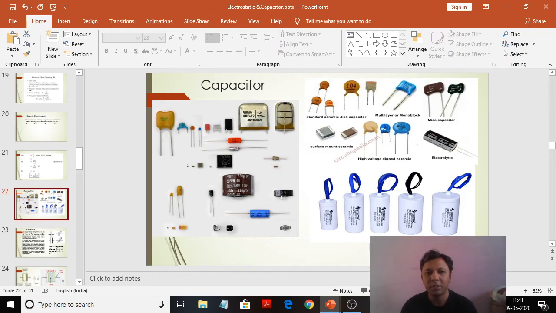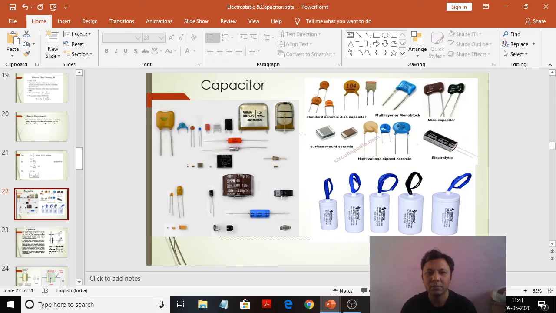Now the main topic of this chapter is the capacitor. You see, there are so many capacitors. Just wait, I make some other setting.